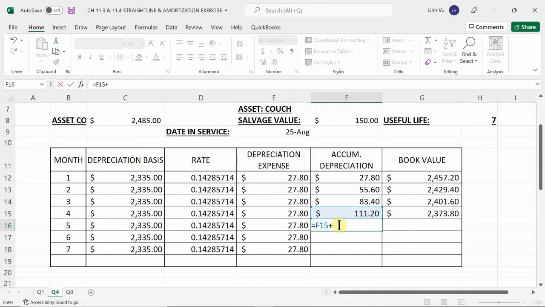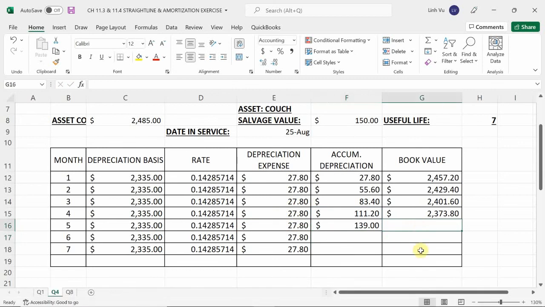Oh, adding. 111.20 plus 27.80, we got 139. Now we subtract the 139 from the 2,485. Correct? Yes. Okay.